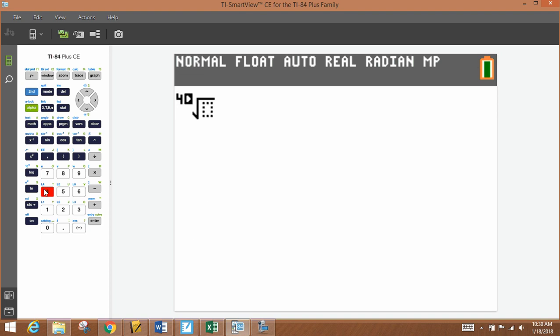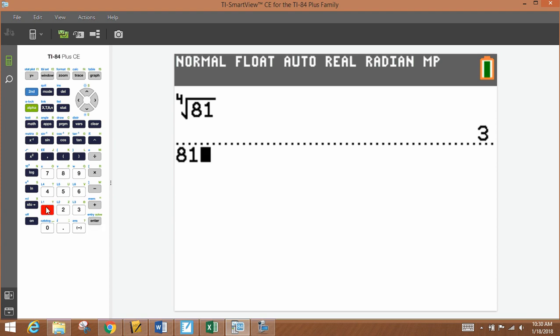And you would put 4 and 81 there. And the answer is 3. So you can use your calculator function. It's good if you don't have to, but if you do, that's okay. I wanted to show you that these two things were the same.